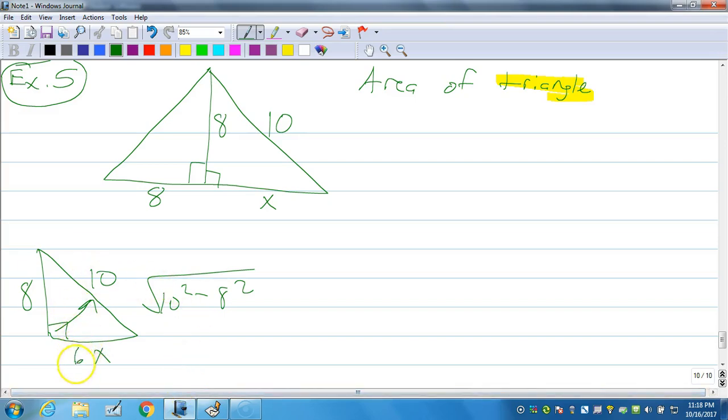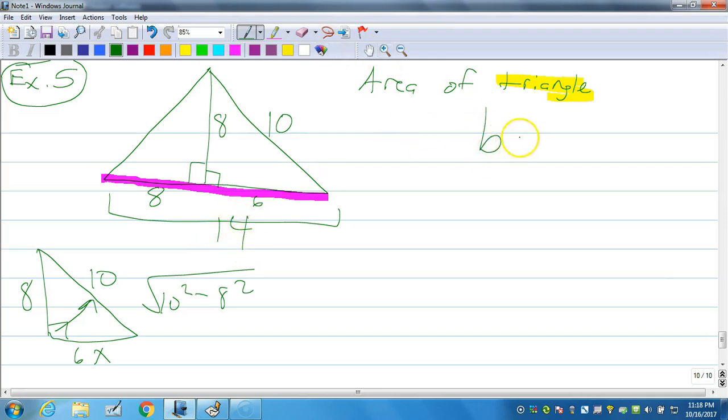So the bottom here is 6, right? So then I'm going to erase this x and put 6. Now I can figure out all of this. 8 plus 6 will give me 14. So all of this here is 14.